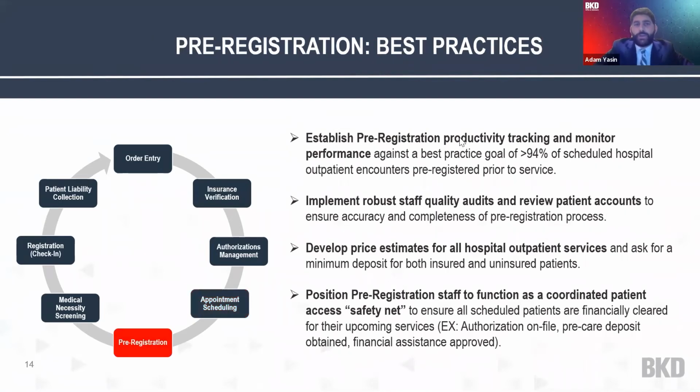And with pre-registration, it's simply the validation of demographic and financial information for a patient's encounter ahead of that encounter. So at least one day before the date of service. It's recommended between 3 to 5 days is really the sweet spot to be picking up encounters and pre-registering them.